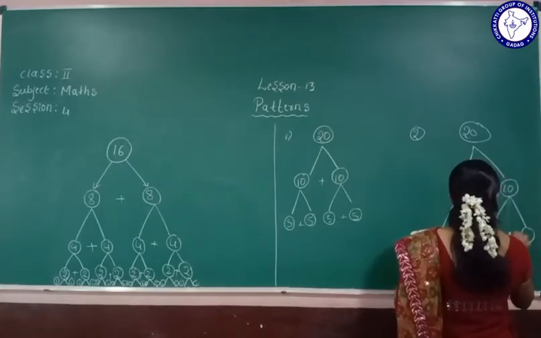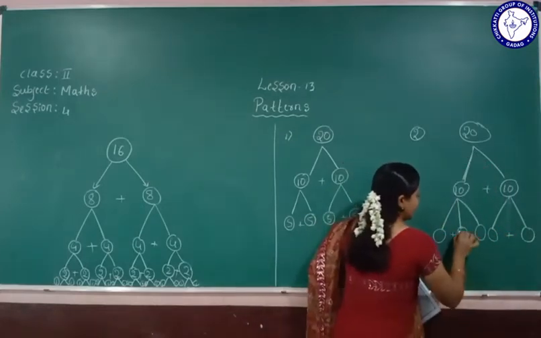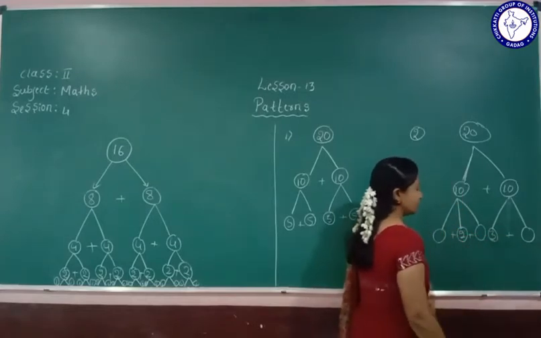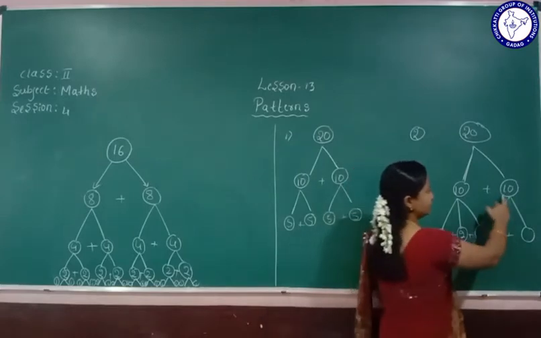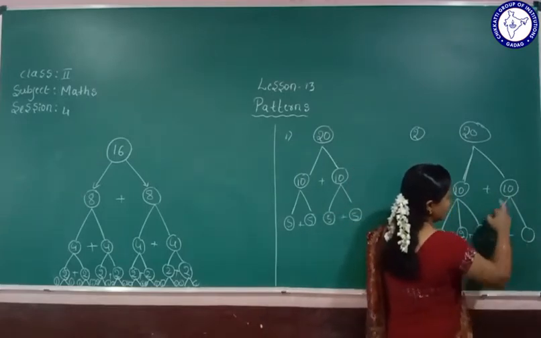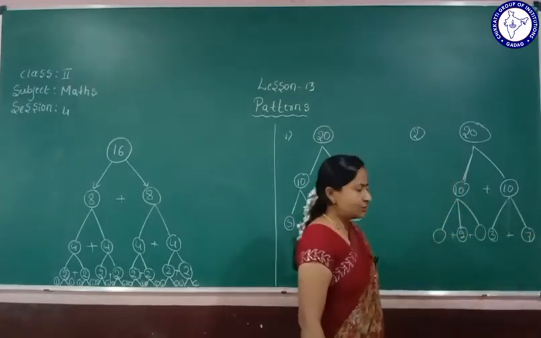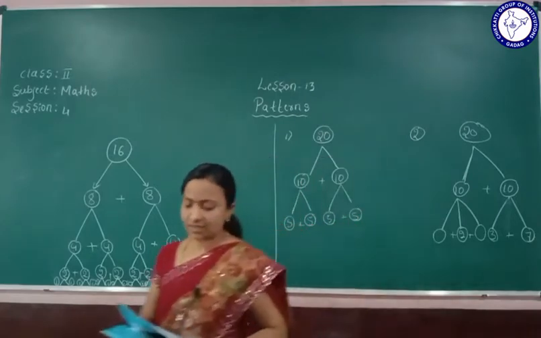Okay, so plus. Here 2 is given and here 3 is given. So how much do we add to 3 to get 10? How much do we add to 3 to get the answer? That is 7. Understood? 7 plus 3 is how much? 10. Okay, in the same way, there is another one.